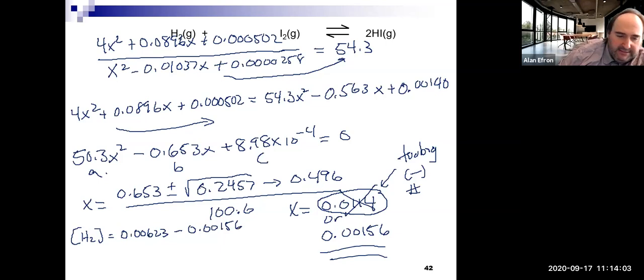And that gets us a concentration of 0.00467 molar.